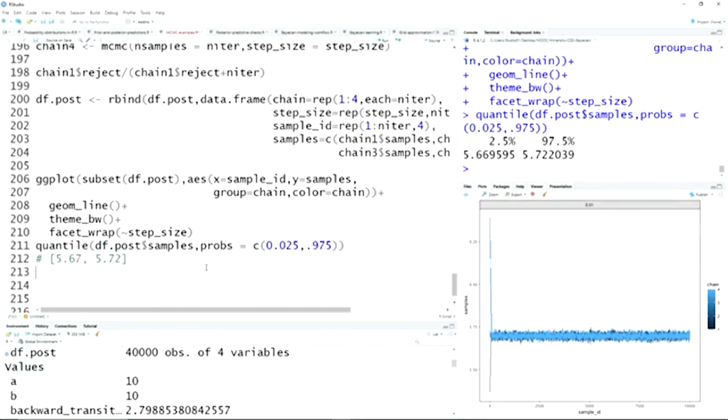Okay, so you can also visualize the histogram of our posterior distribution.